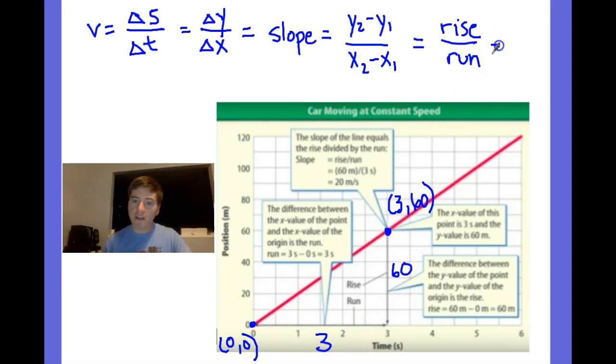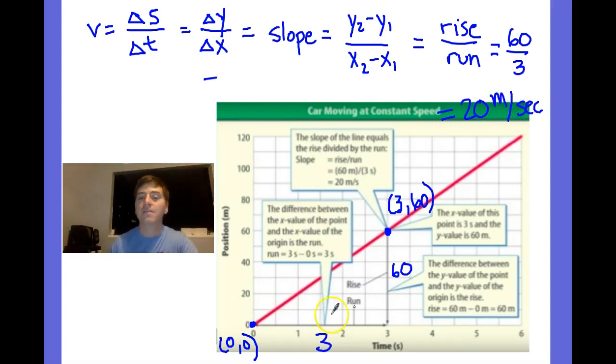So rise over run is going to be 60 over 3, which is 20 meters per second. So the mere fact that we have every position at any time gives us the information that we need to find the velocity, which is just the slope. So change in displacement over change in time. Where am I compared to where I was, and how long did it take? That's all the information I need to find the velocity.